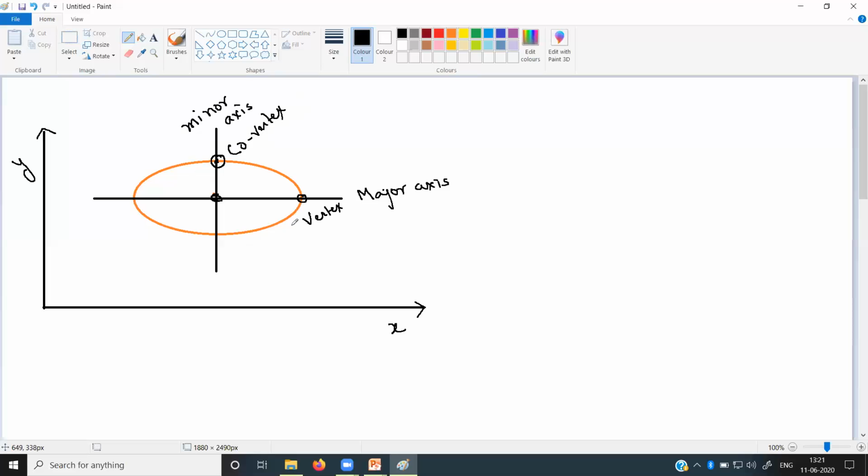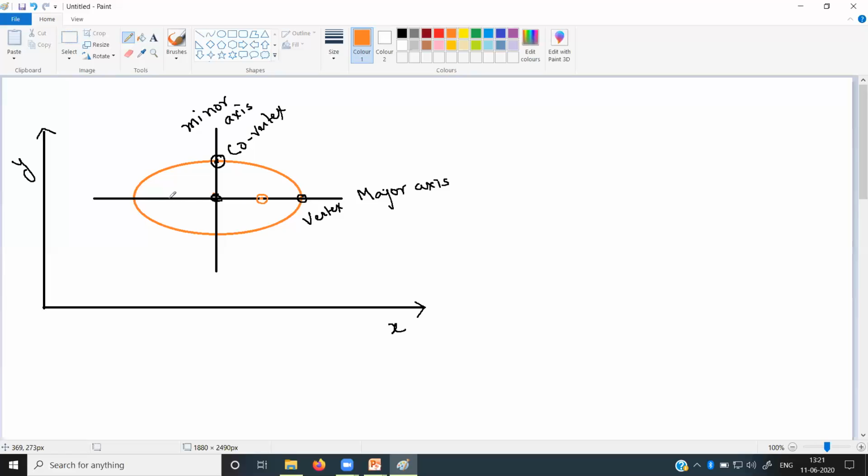Now, apart from that, there are also some points over here. This point is called the focus. This is called the focus of the ellipse.